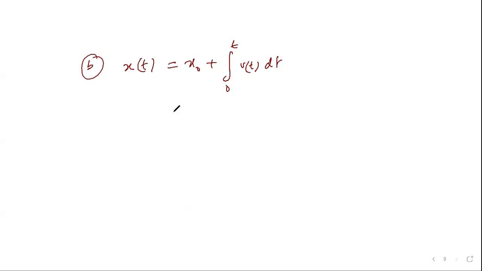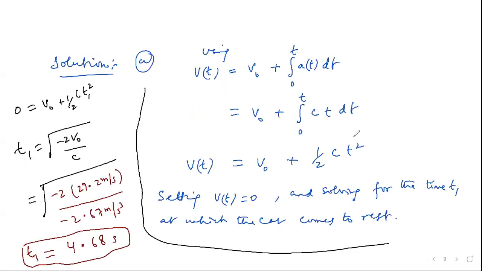Now what is my v of t? My v of t is v0 plus half Ct square.